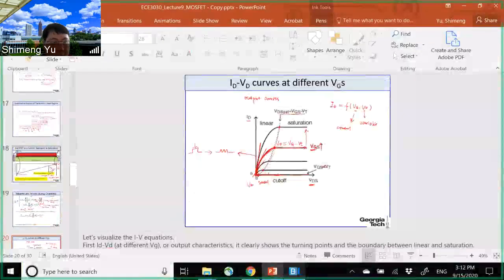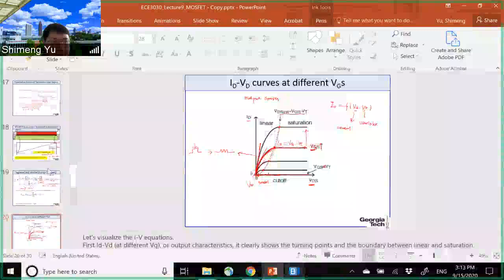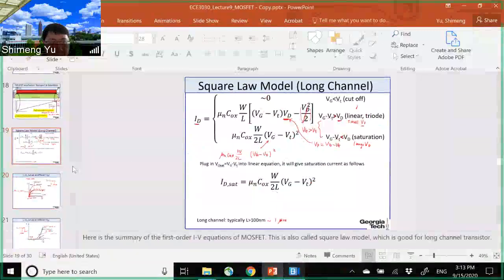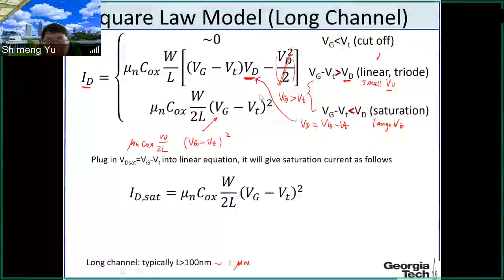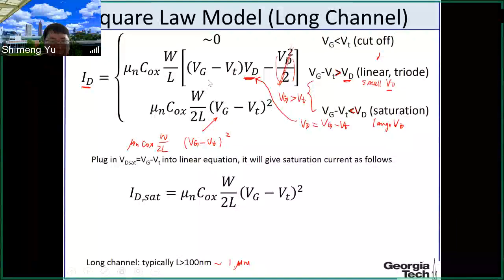All right, I think the take-home message today, first, the key conclusions, those equations, and understand the meaning of each parameter here.